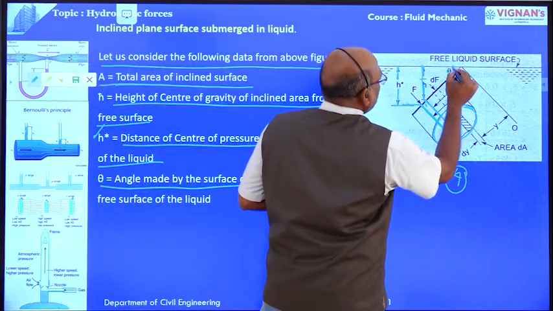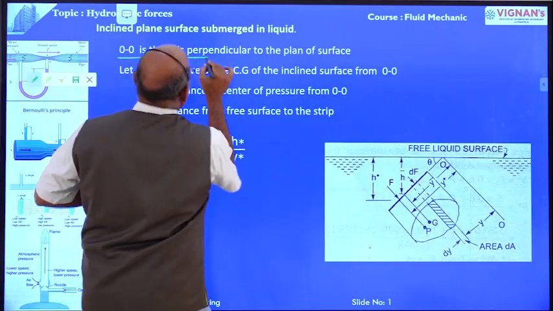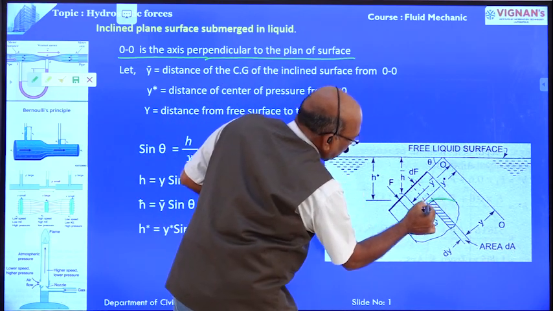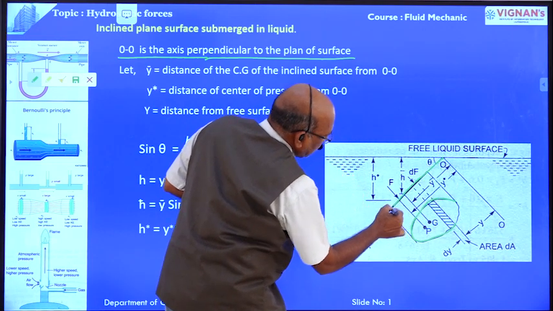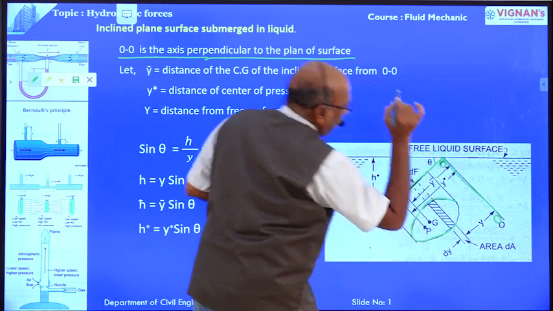This is theta. O, O is the axis perpendicular to the plane of surface. Please listen carefully.